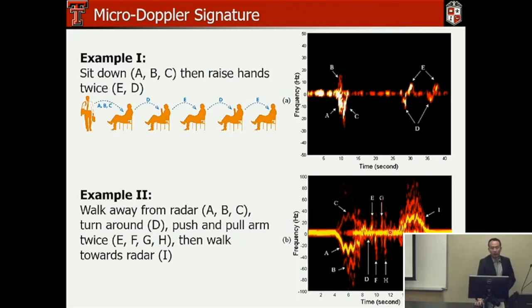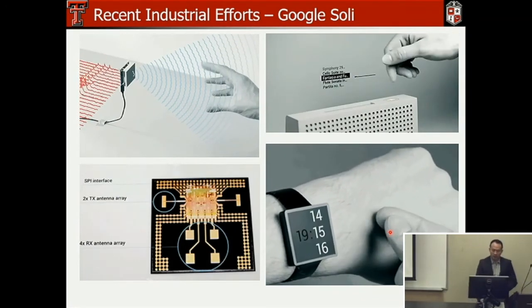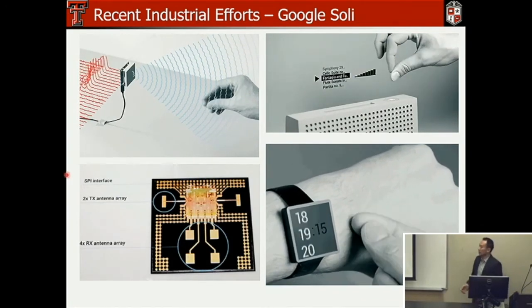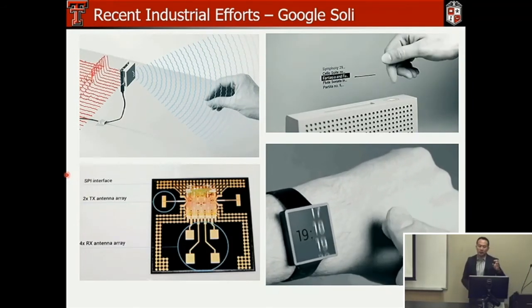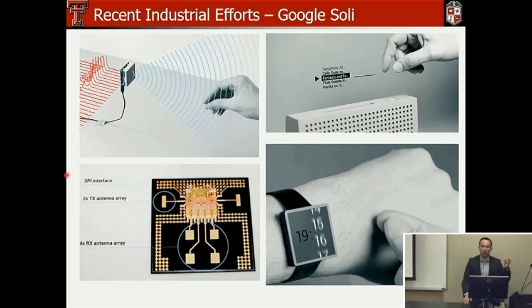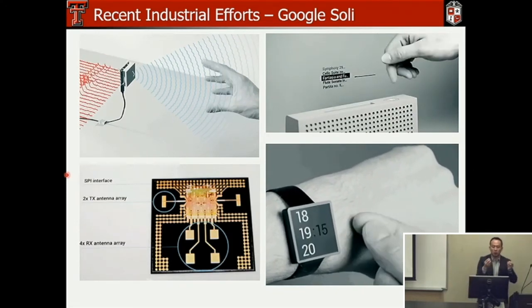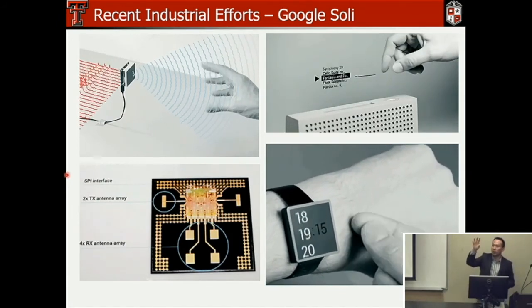Okay? Based on a similar concept, the industry is actually making a lot of efforts. Here is an example. This is done by Google, and they established a team called Google Soli. Their idea is to use 60 gigahertz or even higher frequency millimeter wave radar with very high resolution to look at hand movement, the movement of fingers.